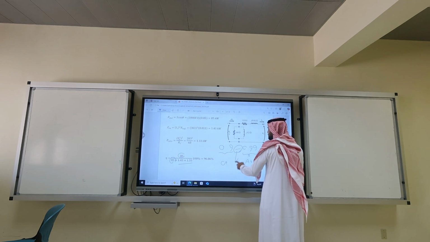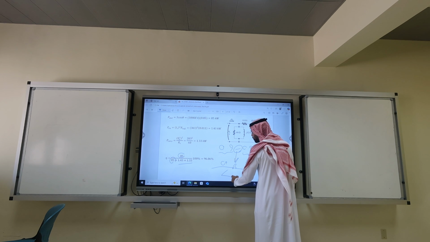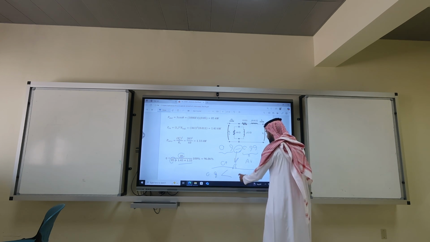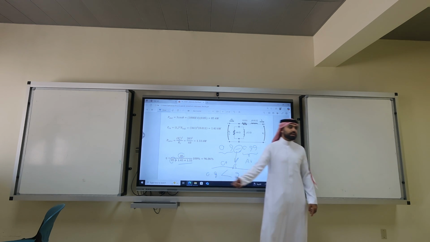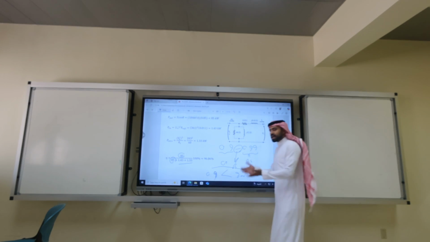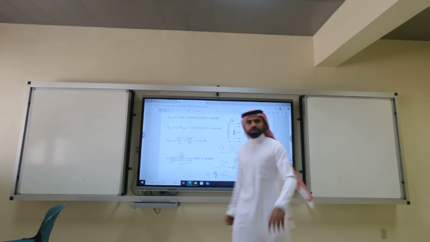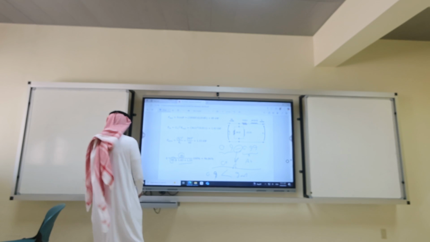So the 0.96 is B, average. But for the engineer, below 0.9, that's bad engineering. Basically, if you design a transformer of 0.8, don't use it, okay? Check Amazon. Is there a transformer with 0.8? I don't know.